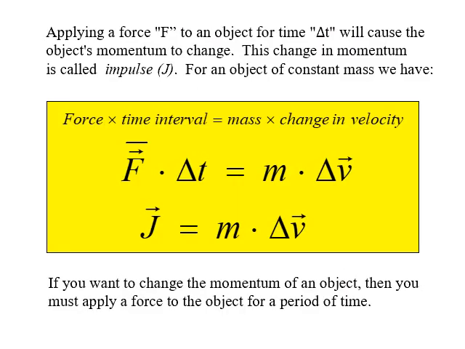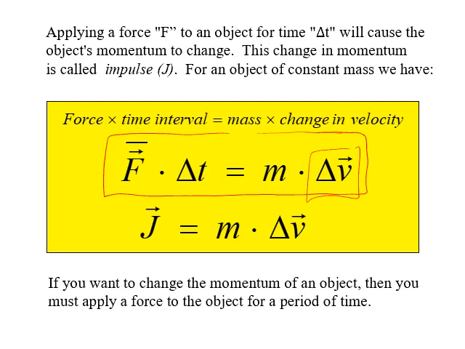Okay, it turns out that to change the momentum of an object, you'll need to apply a force for a certain period of time. This is what we call our impulse relationship. It says that if you take the average force that you're applying over a period of time delta t, you will change the momentum of the object according to this relationship, m times delta v.